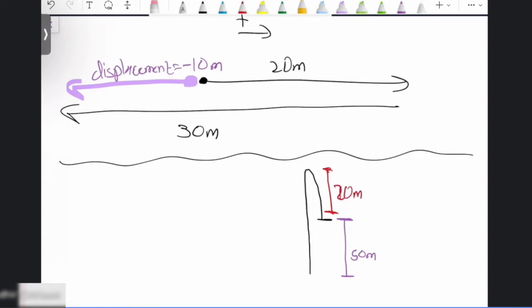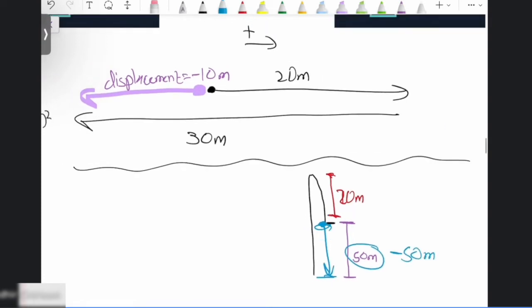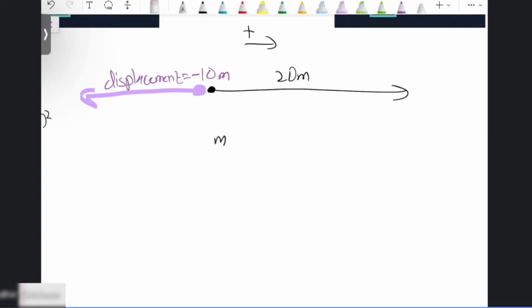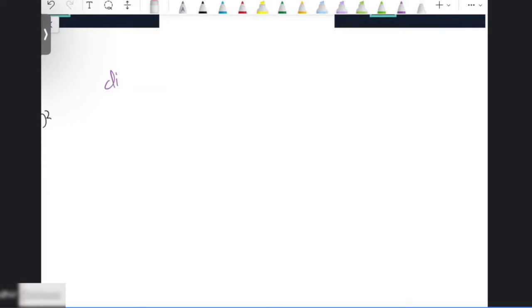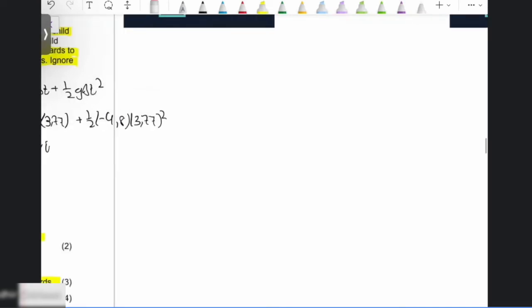But now I want to know what is my actual displacement for the entire motion. My displacement is always going to be the shortest distance from start to end. So obviously my shortest distance from start to end would be that 50, but it would be a negative 50 meters. Hope that makes sense. Okay, so it's a really easy concept, guys.